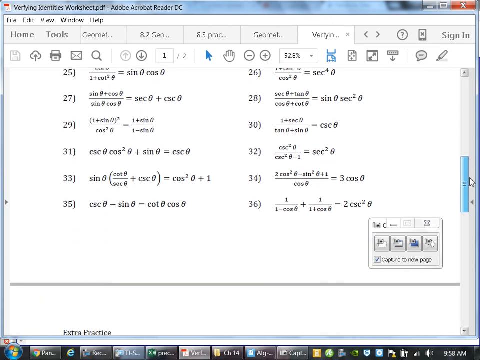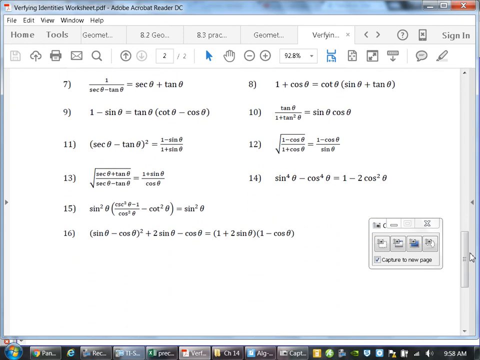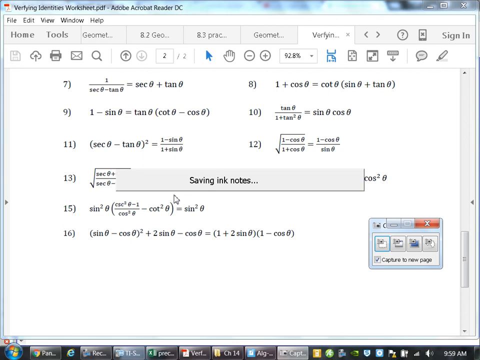I would just randomly pick some and start working. Now, one of the things we did not do is something with square roots. I'm not putting one of them on there tomorrow, but maybe on a test you might see a square root one.